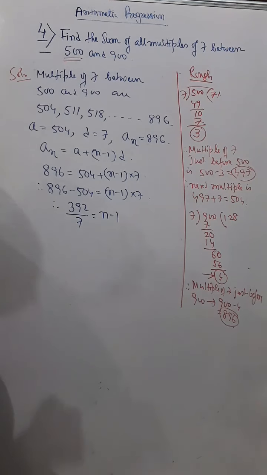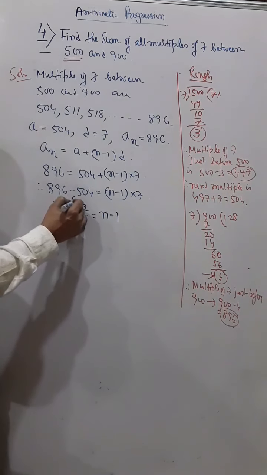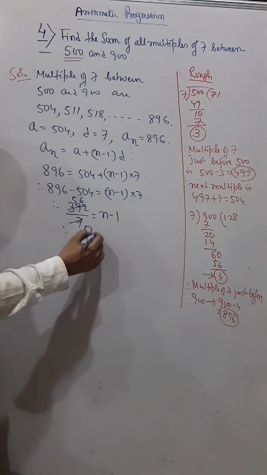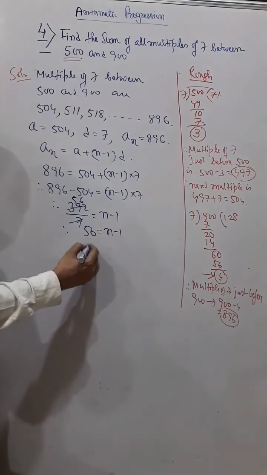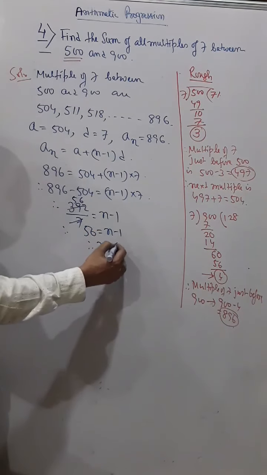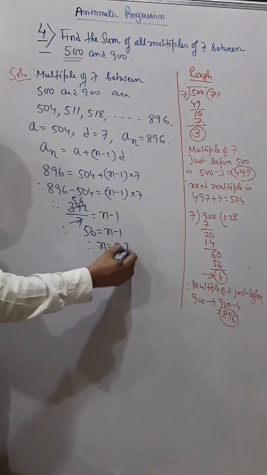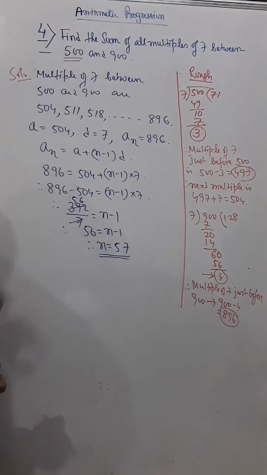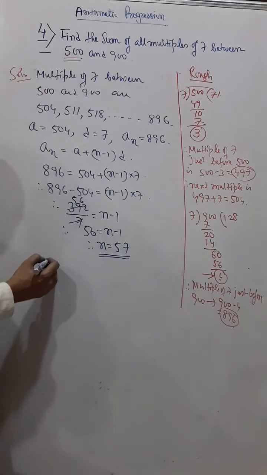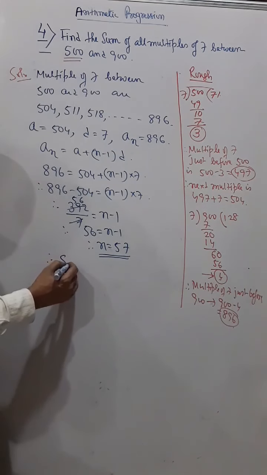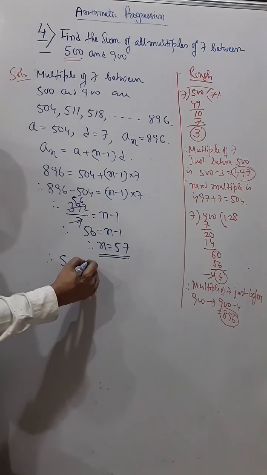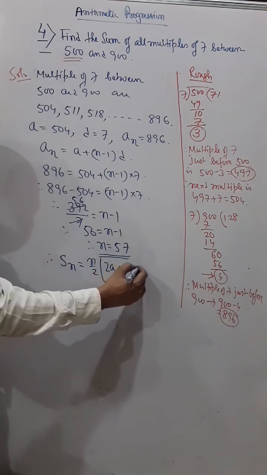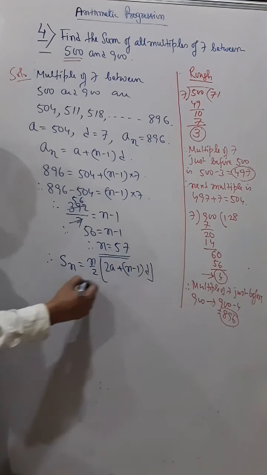So we are getting 56 is equal to n minus 1, and we are getting n is equal to 56 plus 1, that is 57. So we got n is equal to 57, and now we can get the sum of nth terms, that is the sum of 57 terms. So Sn is equal to n by 2 into 2a plus n minus 1 into d.